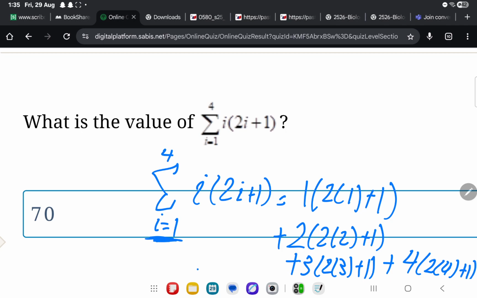This is what our summation is going to equal. Adding these up, plus 4 times 2 times 4, which is 8, plus 1, 9, gives 70. So my answer here is 70.